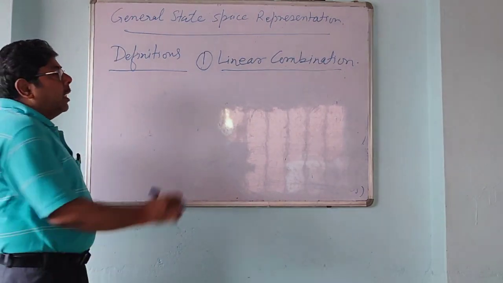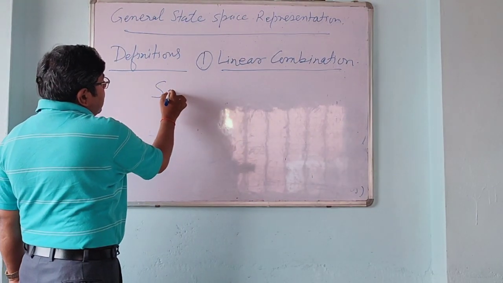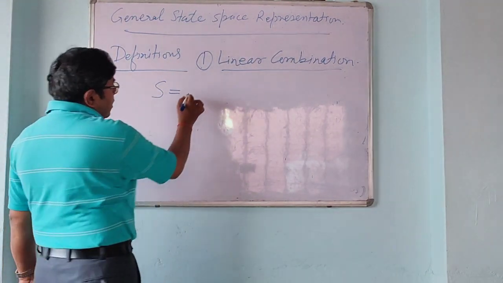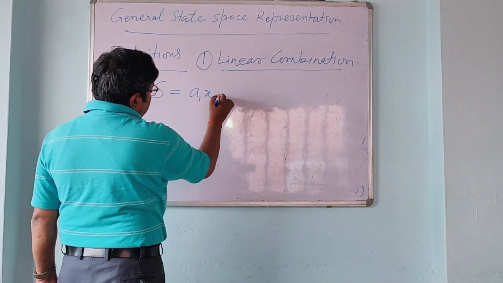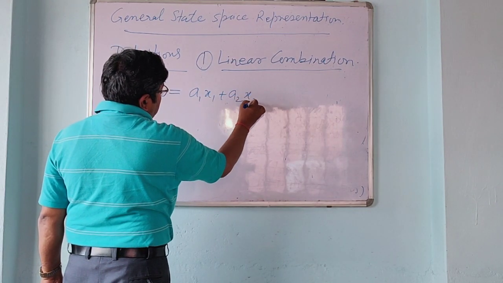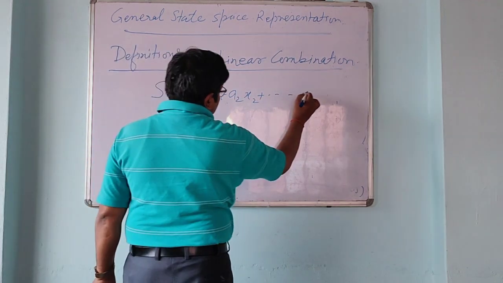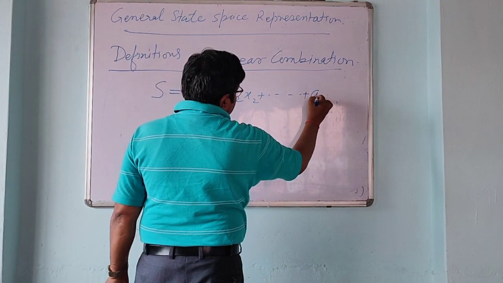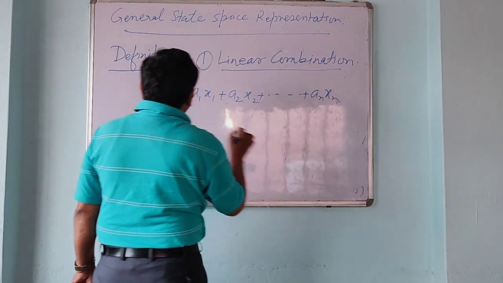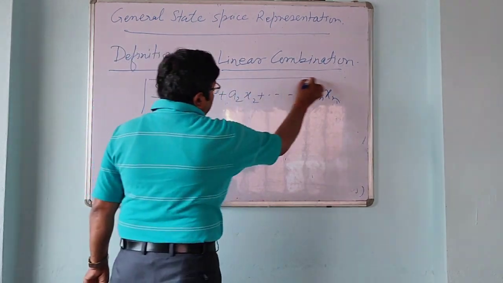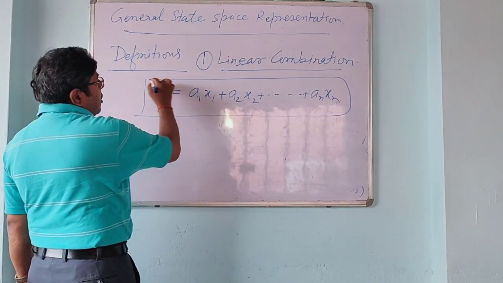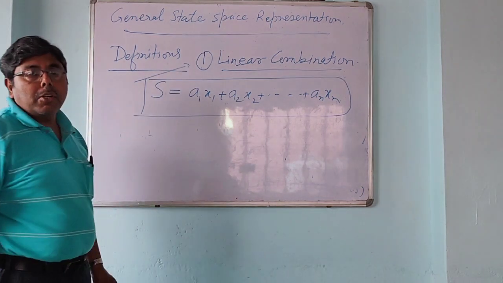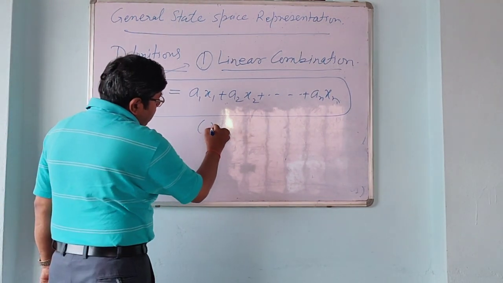If any relation is represented like a1x1 plus a2x2 up to anxn, then this type of relation is called the linear combination of n variables.